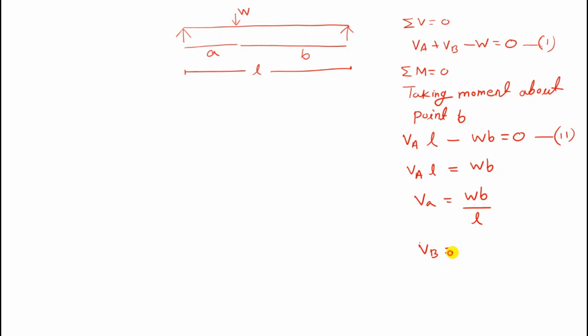So VB equals W minus WB by L, which is W into (L minus B) by L, or WA by L. Now we are concerned about VA only, because we are going to create the influence line diagram for reaction VA.